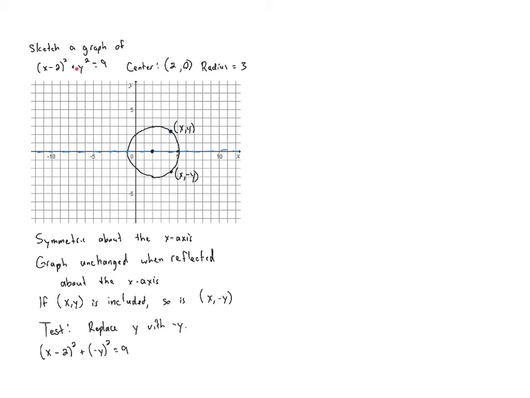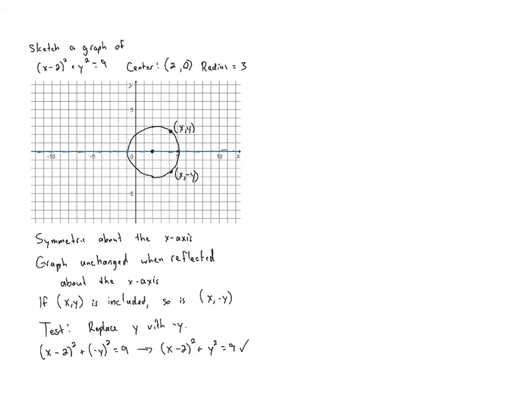But again, a negative times a negative is a positive, so negative y times negative y is going to give us a positive y squared. And that is going to give us back the original equation that we started with, so we know that this has the correct symmetry.